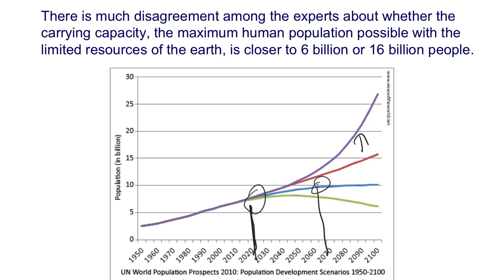So it's kind of up in the air, but probably the biggest threat to the biosphere is our interference. And if you take AP Environmental Science, you'll find out that human population exponential growth is the biggest threat to the biosphere.